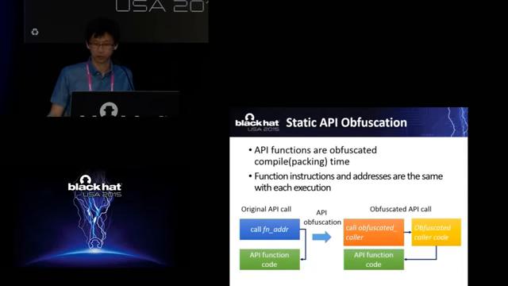There is obfuscated caller code, and the obfuscated caller code resolves the obfuscated address, or does something different, and finally they go to the API function code. But some binaries also obfuscate part of the API function code.